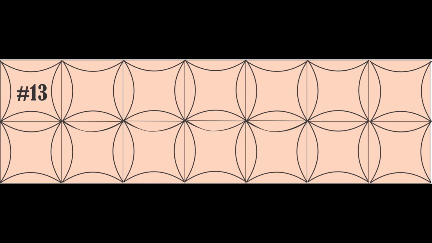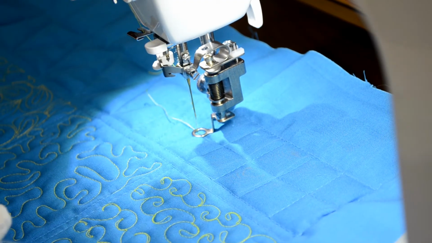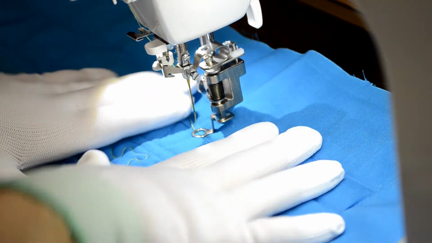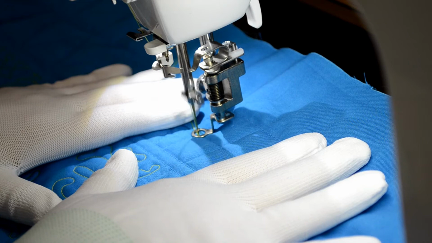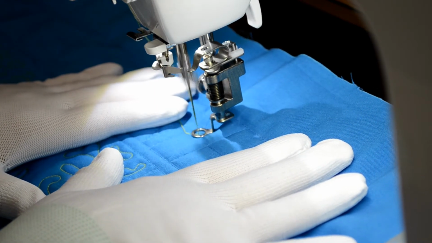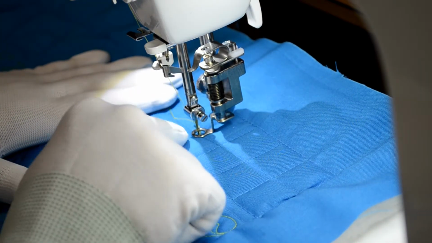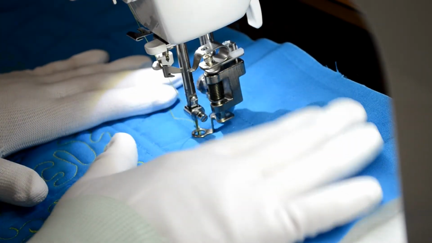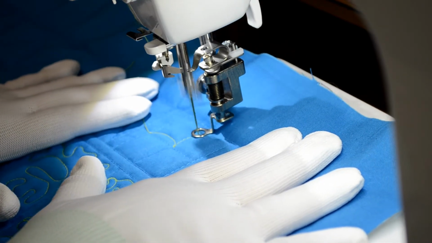Stitch 13. Again, we have another stitch that we did before on our sampler. And just as a review, you don't want to do big curves, and we want to keep our eye on where we're going, not where our needle is at, so that we always hit the points.